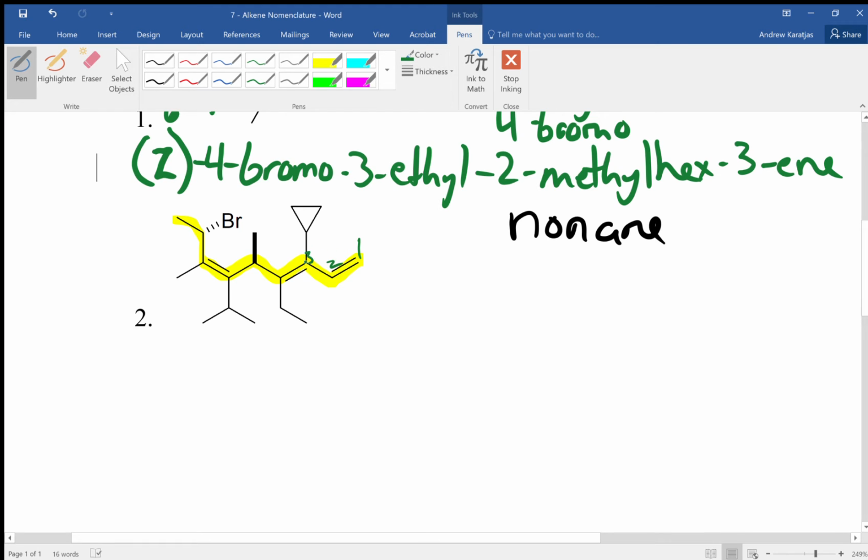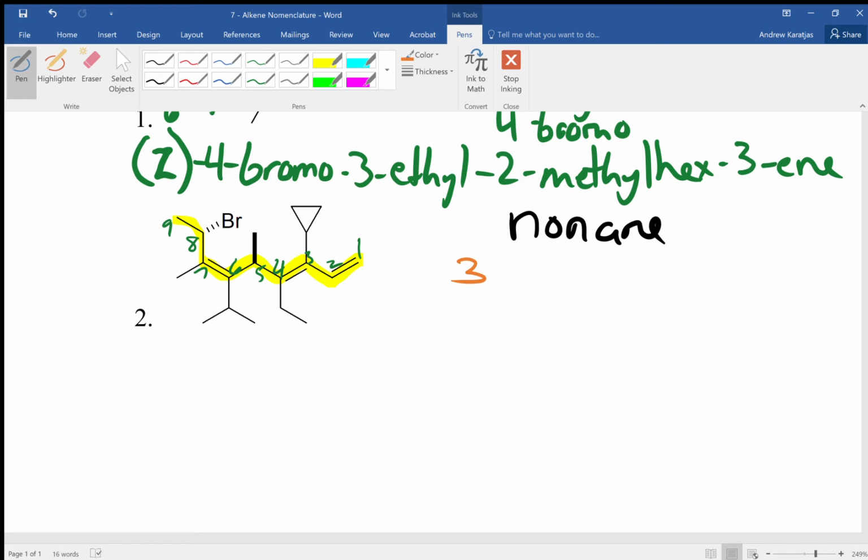And so immediately we know we're going to go right to left. All right, next thing, let's name all of those substituents. Now to do that, that first substituent we find at number 3, that's something we haven't seen before. But based on what we've learned, we should be able to figure out what to do here.